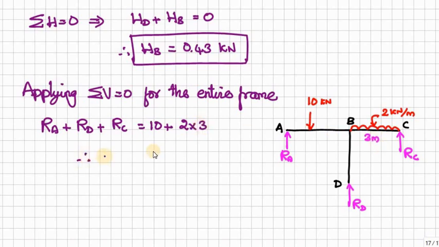So already we have calculated RA and RC. Therefore RD is equal to 7.18 kilonewton.